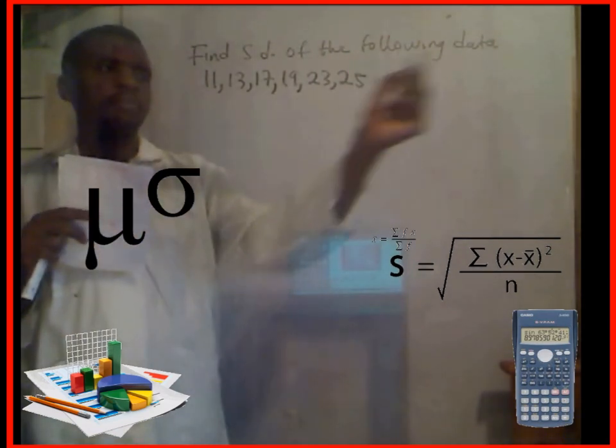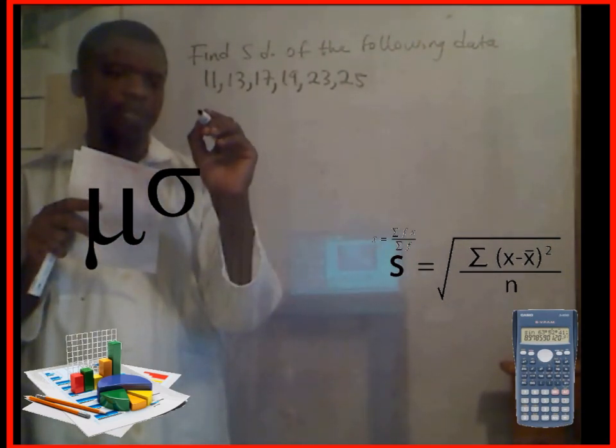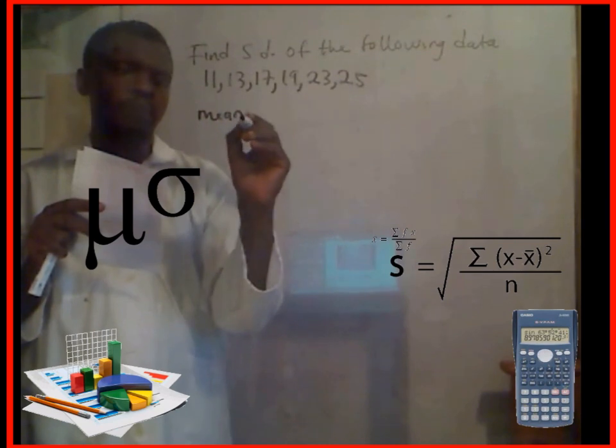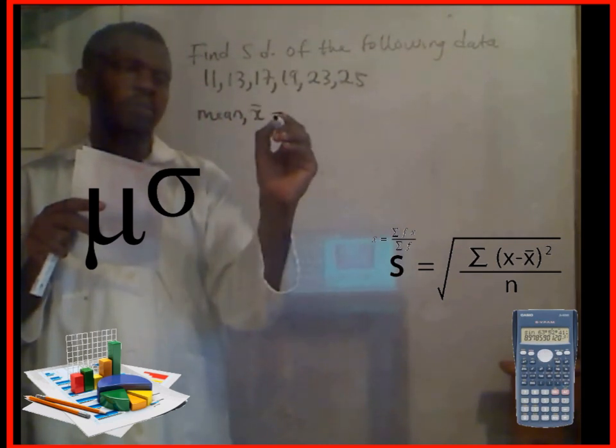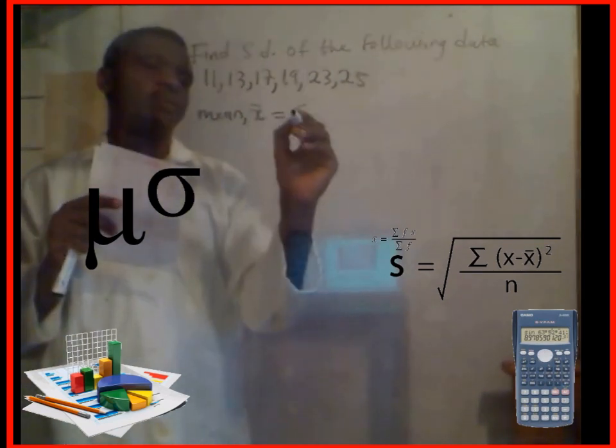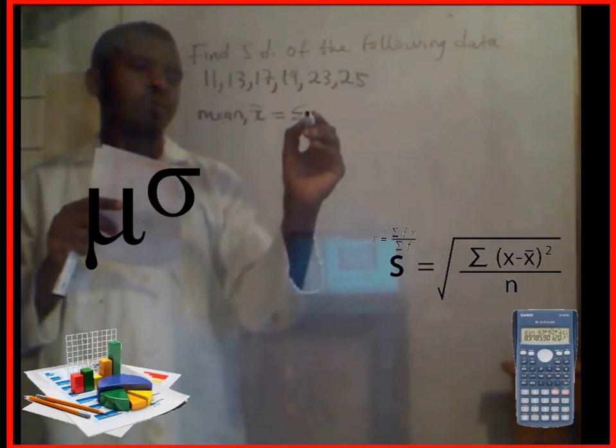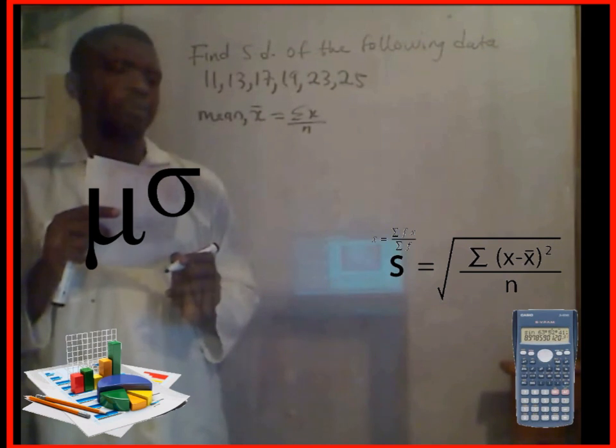So let's get the mean. We have the mean, which we call x bar, is equal to the sum of all the scores divided by the number of scores.